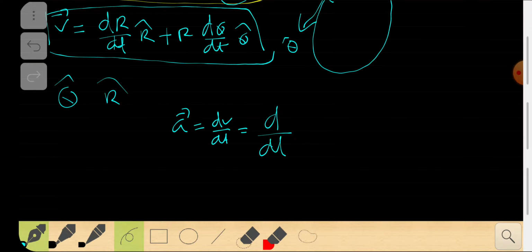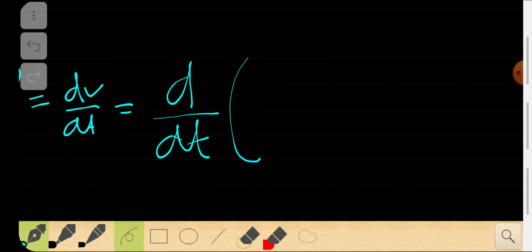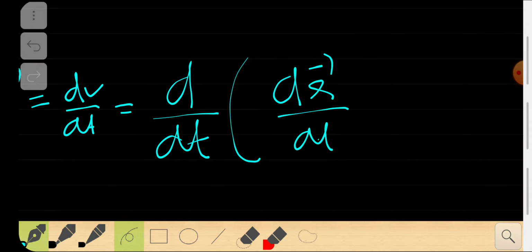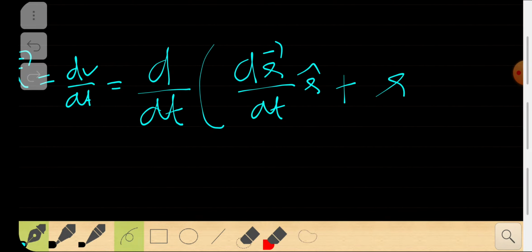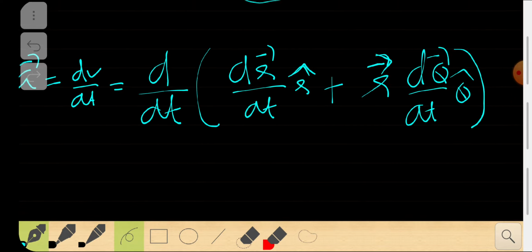So it's d by dt of v, which is dr vector r by dt in the r cap direction plus vector r, which is a function of time, this is a cap and this is a vector arrow, times d theta by dt in the theta cap direction. So that's what we need to do.